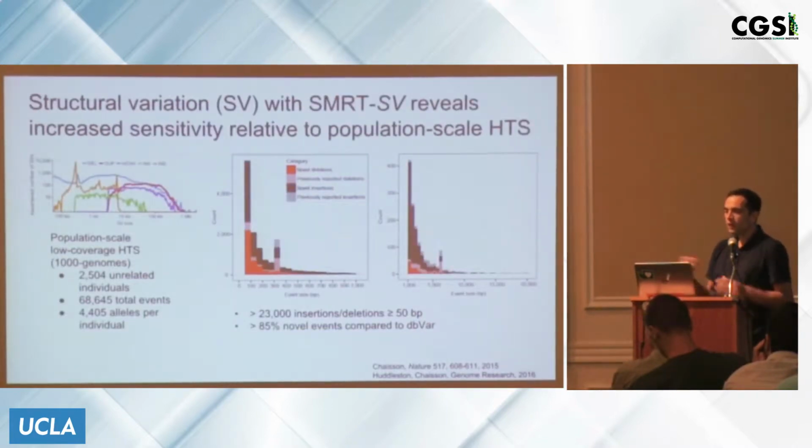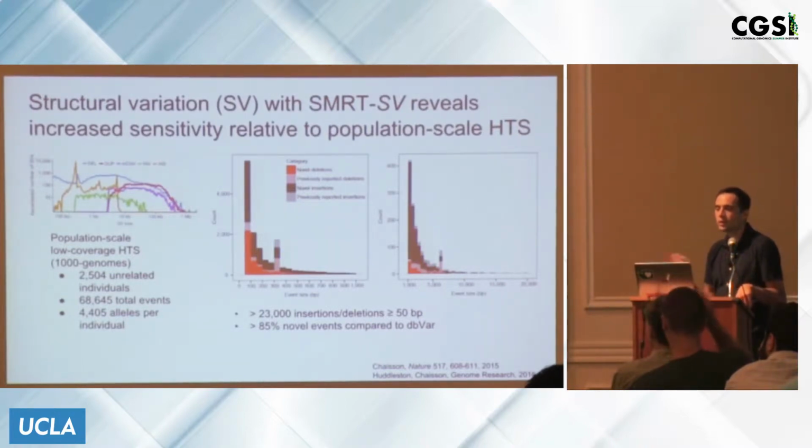The first thing that this showed is that there's a pretty large gain in sensitivity of variants relative to, say, the 1,000 Genomes project that relied on high throughput sequencing, where there are about 4,500 structural variants per genome in the 1,000 Genomes study, and then there's 20 to 25,000 variants that are found per genome in these PacBio-based genomes.